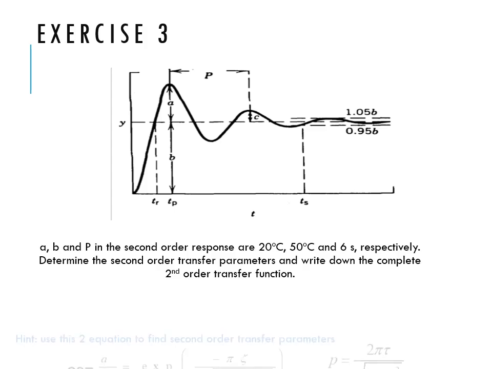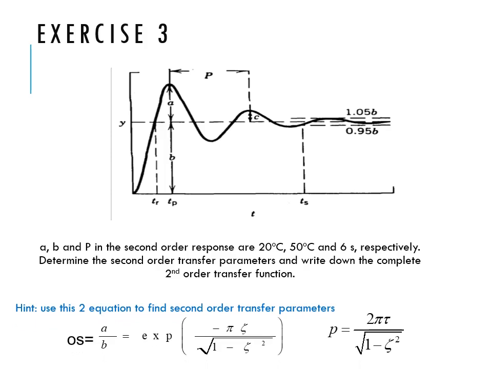The hint to solve this question is you need to use these two equations, the overshoot and also the period, to find the value of zeta and tau. Please try to solve this and submit in Google Classroom.